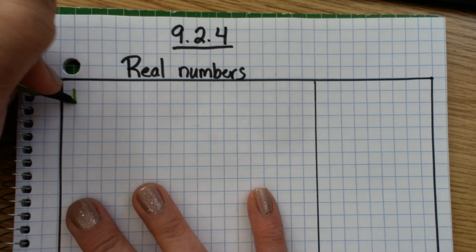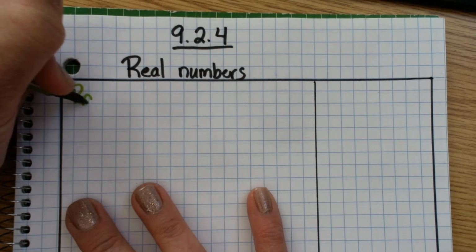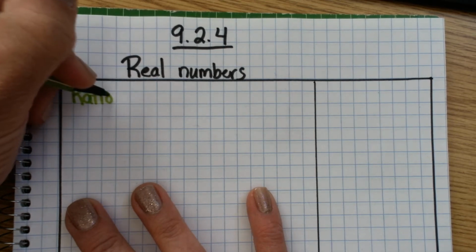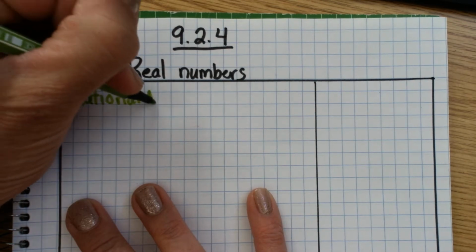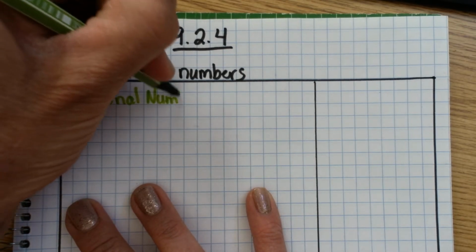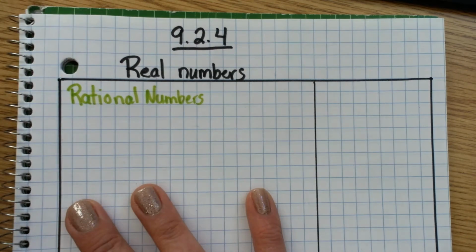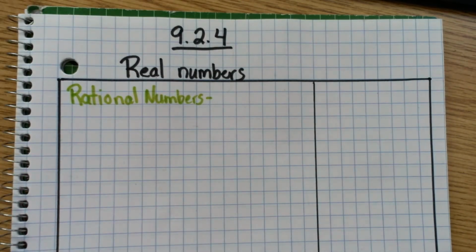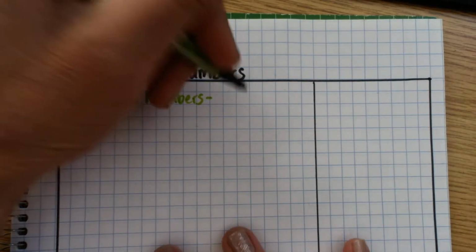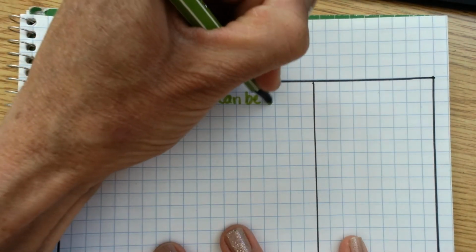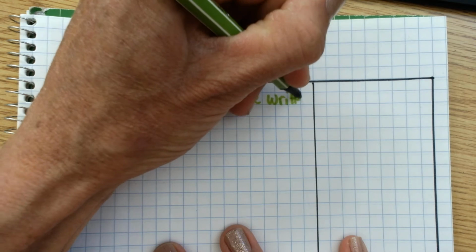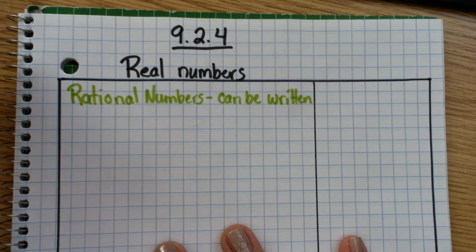So the first subcategory of real numbers are rational numbers. And rational numbers are most or the majority of the numbers that we work with. Rational numbers are defined as numbers that can be written as a ratio.